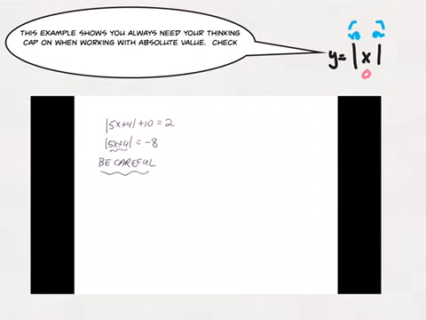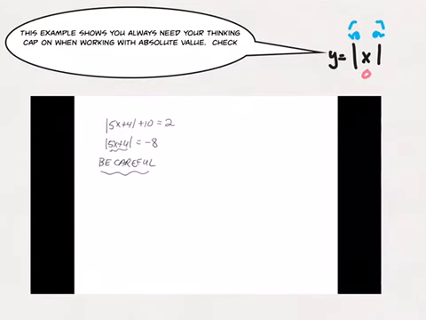Let's say the actual value of the expression was 2. So the absolute value of 2, well, wait a minute. And then what if this came out to be negative 2? The absolute value of negative 2 is not negative 8. In fact, anytime we put an expression inside absolute value, the smallest value it can ever be is 0, because anything else will be a distance from 0.